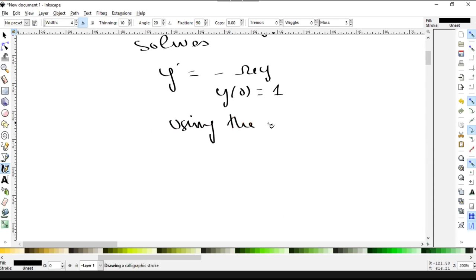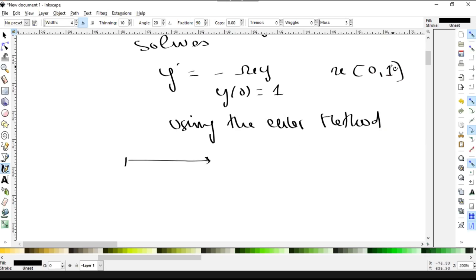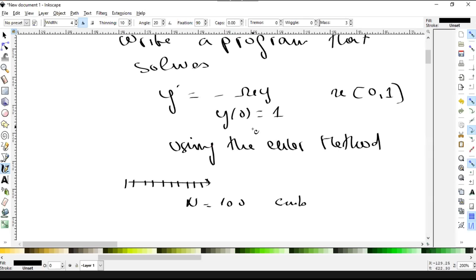Define a vector x, say between 0 and 1, you can take any interval, and define the number of sub-intervals, for example n equals 100. You define your vector x, and then you start from y of 0 equals 1.